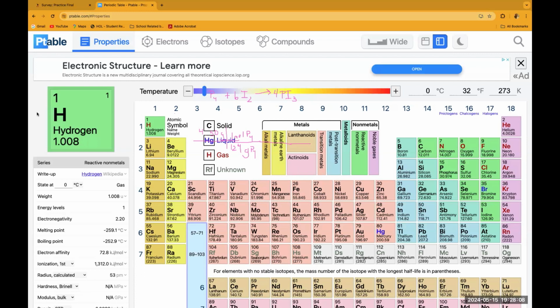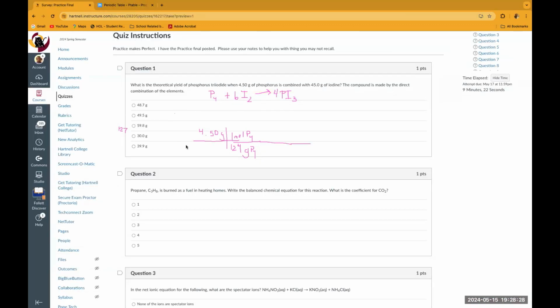And then I'm going to go ahead and get the iodine for us. So iodine, put it on the side over here. It's 126.9, so say 127 roughly. Okay, so how am I going to get to moles of the triiodide?